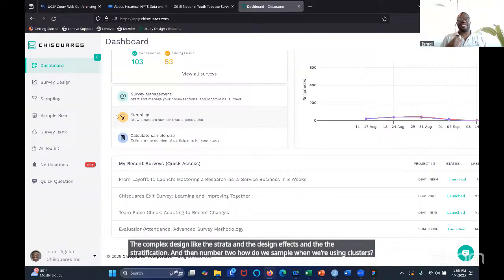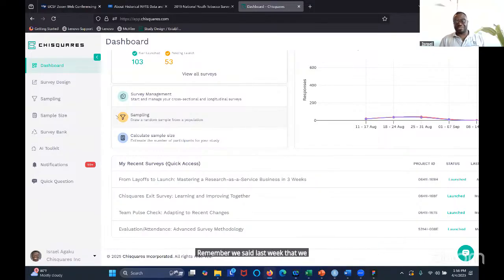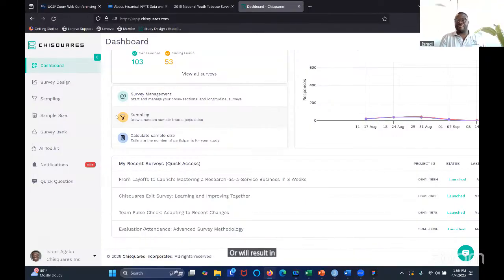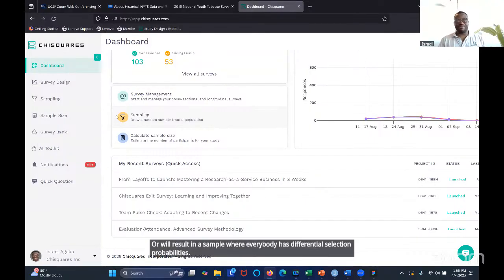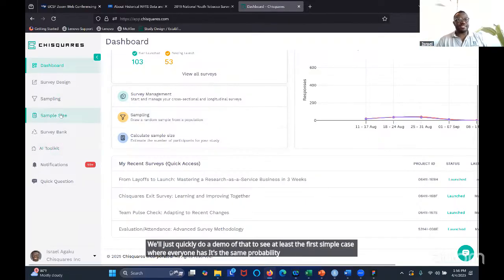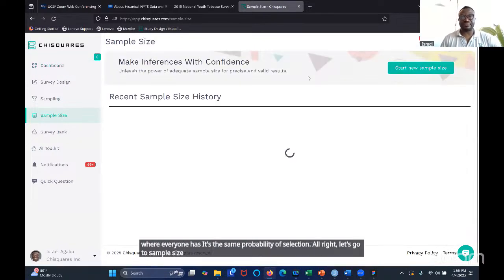Remember we said last week that when we use clusters, our clusters could result in a self-weighting sample, where everybody has the same probability of selection, or could result in a sample where everybody has differential selection probabilities. We'll quickly do a demo of at least the first simple case, where everyone has the same probability of selection. All right, let's go to sample size first of all.